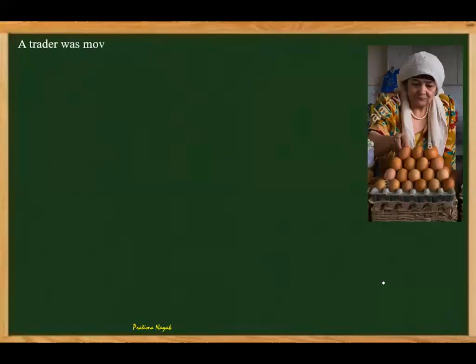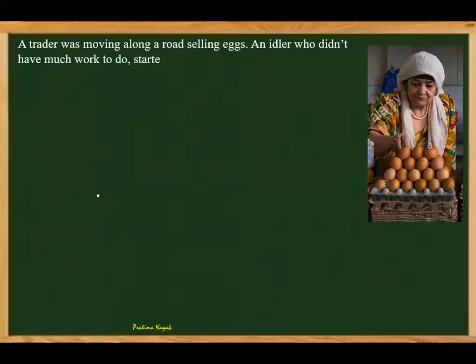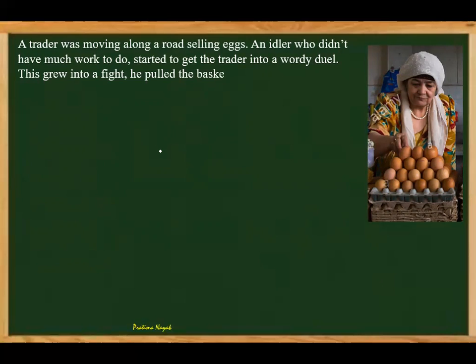Then I'm coming to an example of Euclid's division lemma, another application, which is a very interesting riddle. Many people ask others. A trader was moving along a road selling eggs, and an idler who didn't have much work to do started to get the trader into a wordy duel.